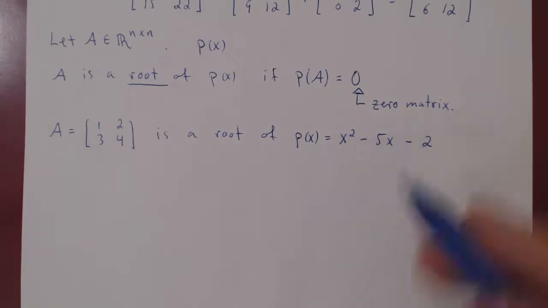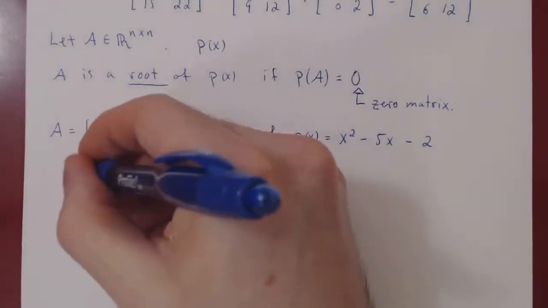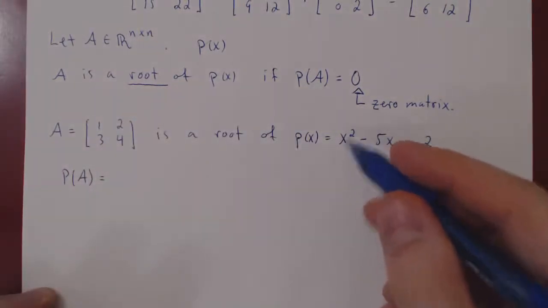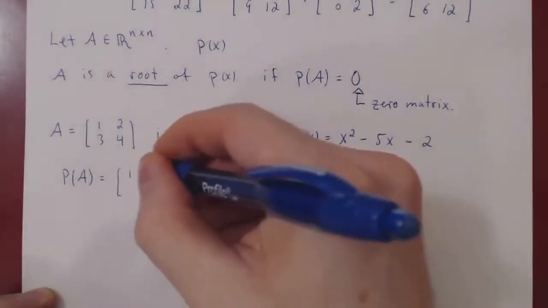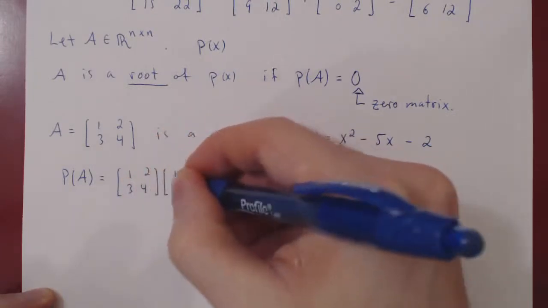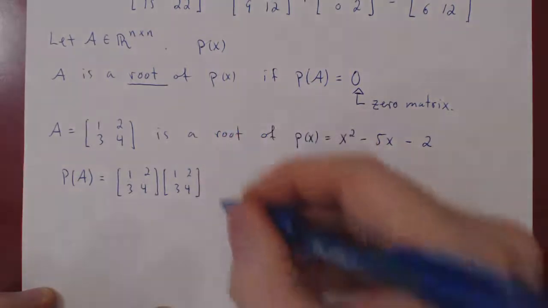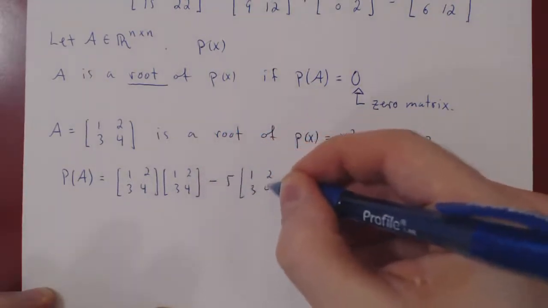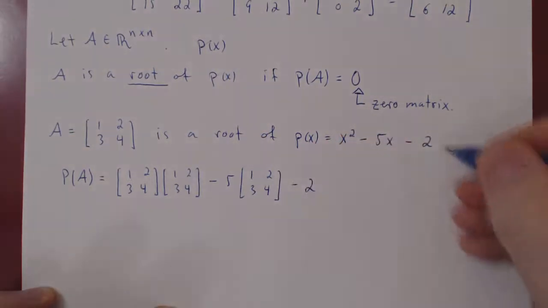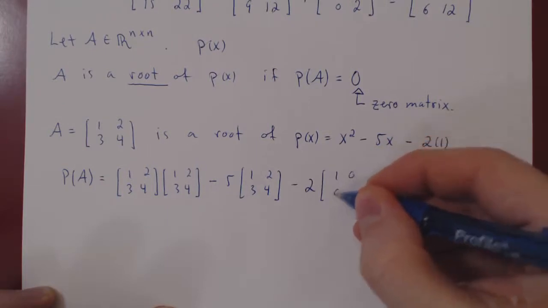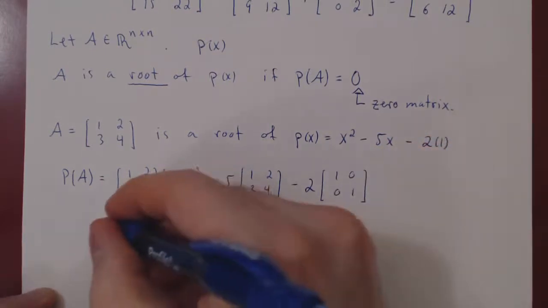Well, let's verify this. Let's evaluate P of A and see if we get the 0 matrix. Well, we'll have A squared, so 1, 2, 3, 4 times itself, minus 5 times A, minus 2, of course, 2 times 1, 1 becomes I, and let's see what we get.